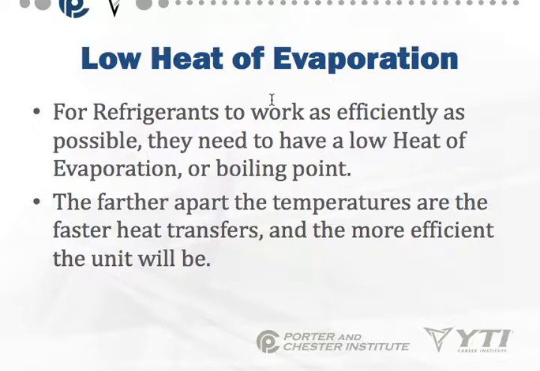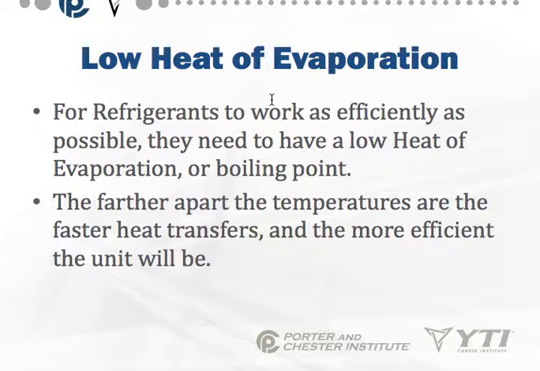Okay, if I have a 10 degree or negative 10 degree evaporator and a 0 degree box, it's only 10 degrees difference. So my better idea is to have a negative 20 degree evaporator for a 0 degrees box because I have a bigger difference between the two temperatures.